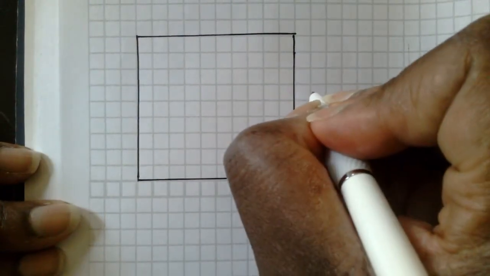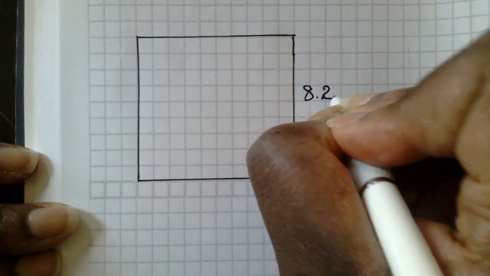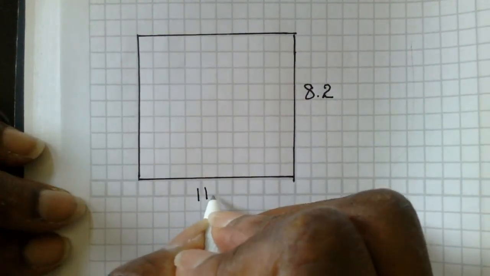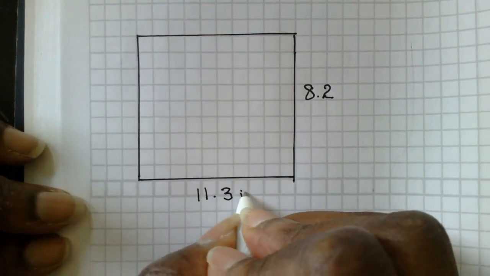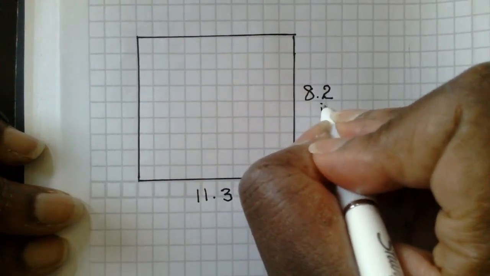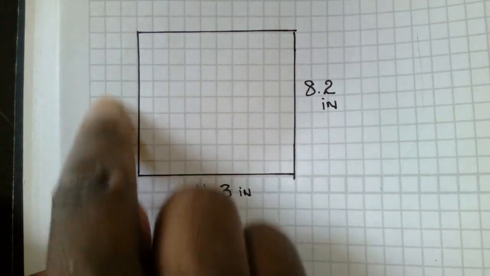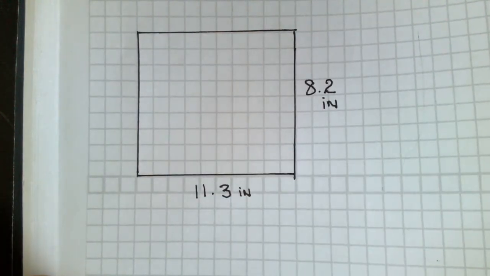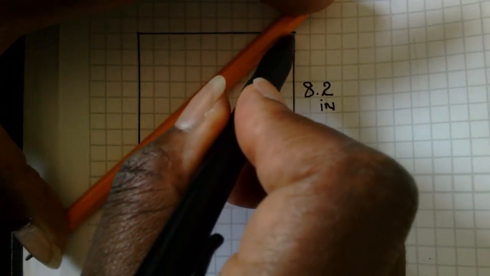So say that this is 8.2, and this could be a computer screen, 11.3 inches. So this is basically the monitor itself, but they want you to find this.